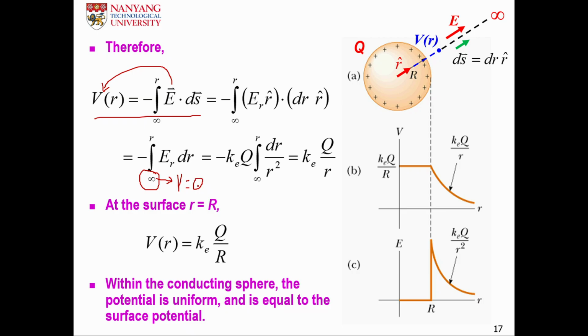This is something you can take for granted, meaning the electrical potential at infinite distance is always 0. So that is why you have this kind of integration, eventually to find out this electrical potential.